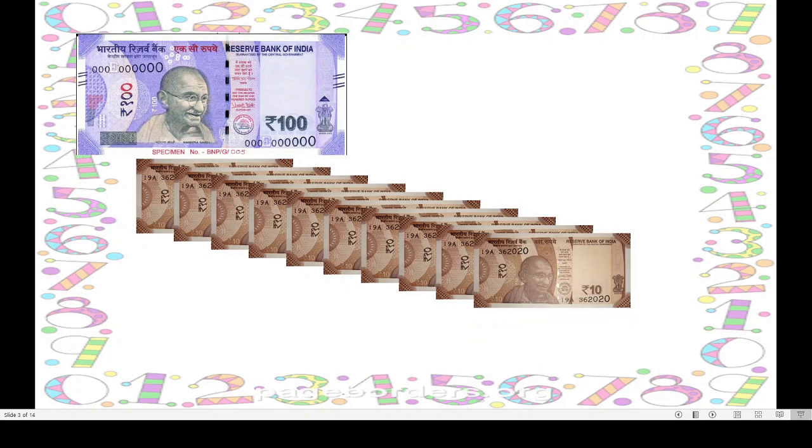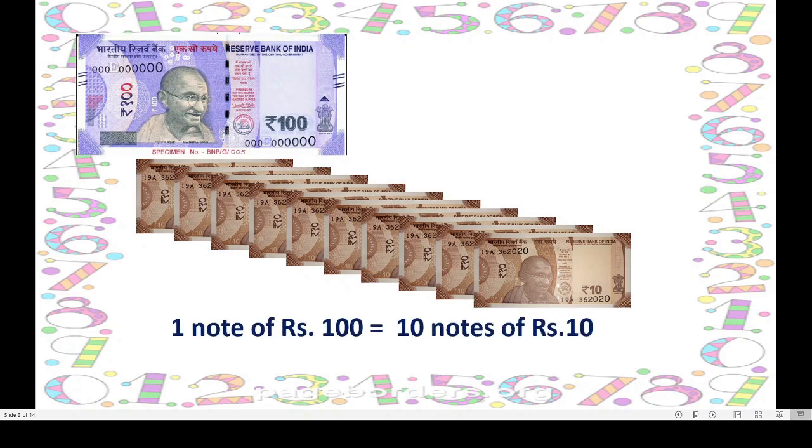Isn't it? Here also we can write 1 note of rupees 100 is equal to 10 notes of rupees 10. Means I got the change for rupees 100, that is 10 notes of rupees 10.